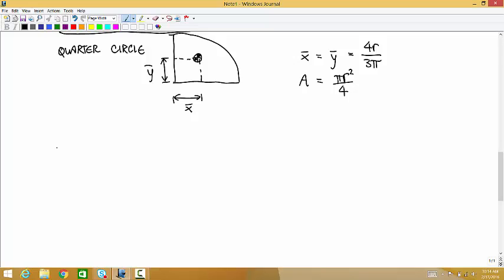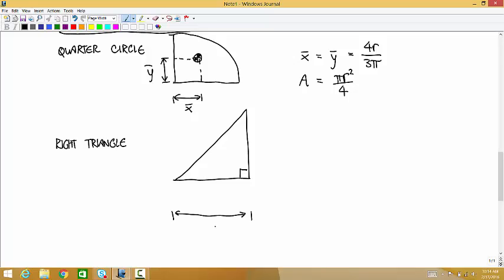And then a right triangle. So let's say this distance is B, and this is H, and the centroid is here.